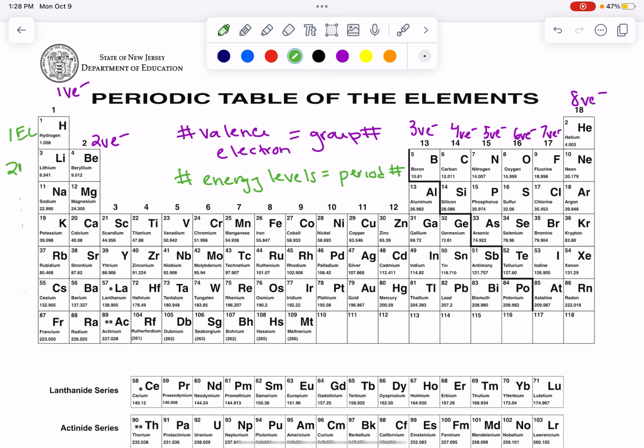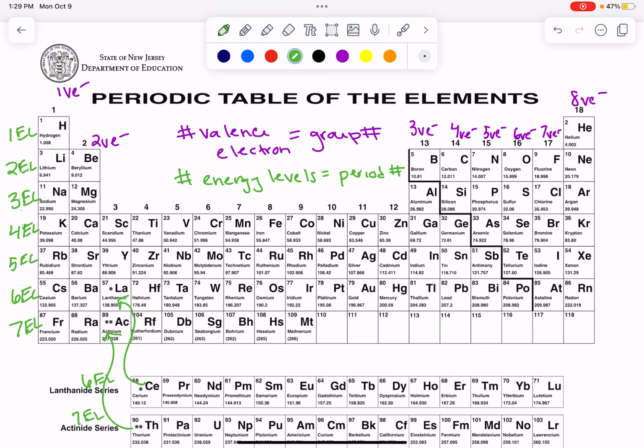Everything in the second one has 2. Everything here has 3. Everything here has 4, this has 5, this has 6, and this has 7 energy levels. And if we remember, the lanthanides all go right here, so these would have 6 energy levels. And the actinides, they go here, so they would have 7 energy levels.